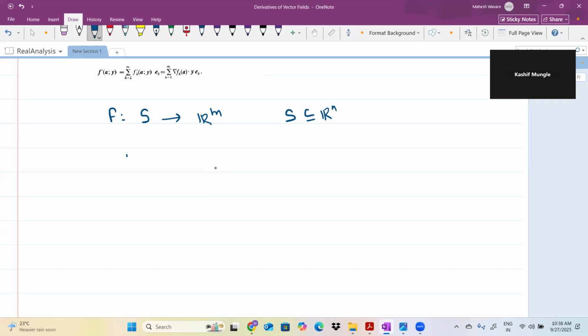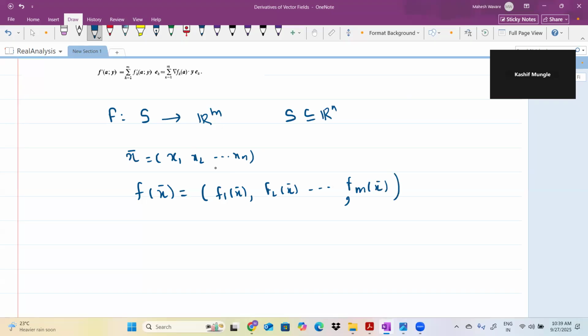If you take the point x bar as x1, x2, up to xn, then the image of this x bar is a vector like this: suppose it is f1 of x bar, f2 of x bar, up to fm of x bar. Each one is a scalar.